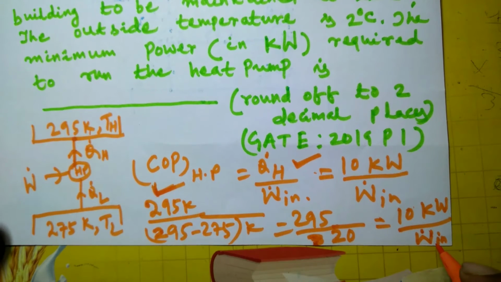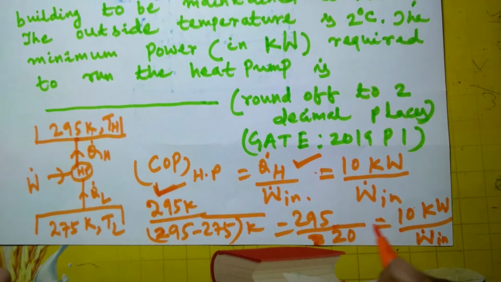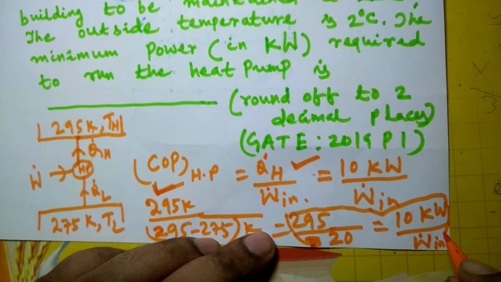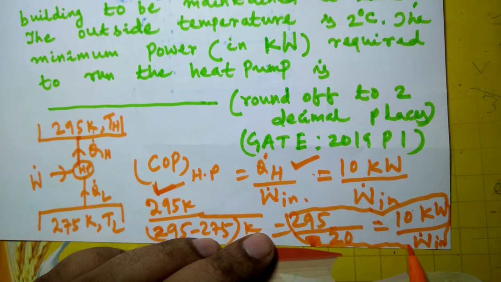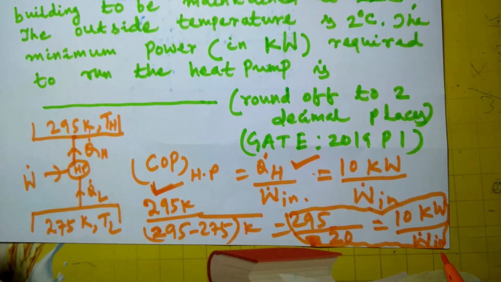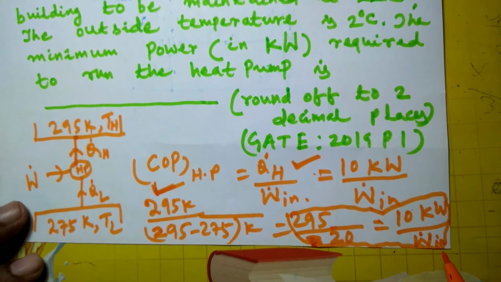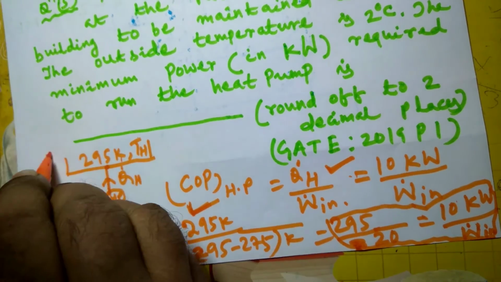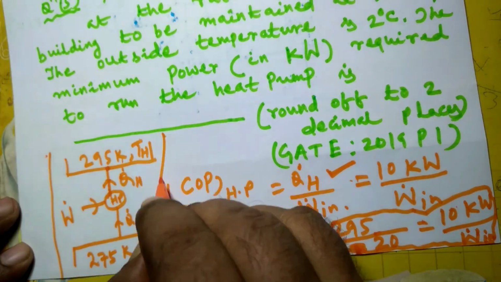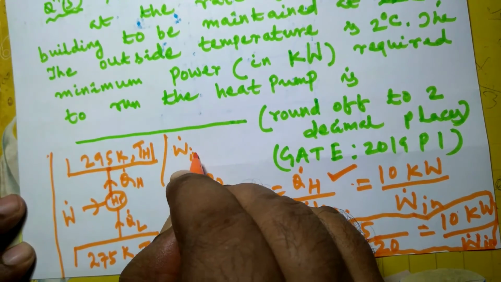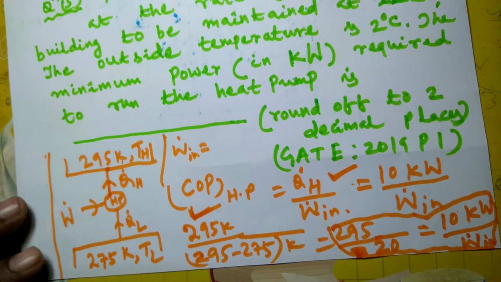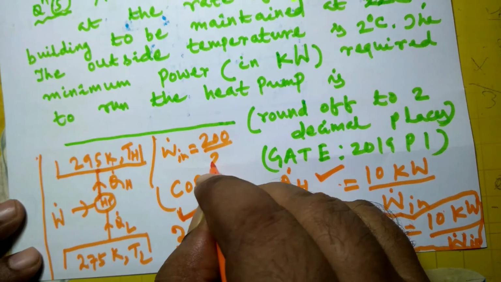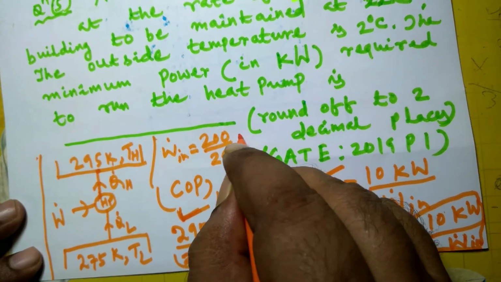This W dot is the minimum work required. By equating this, 295 by 20 is equal to 10 divided by W dot in, that is, I can say W dot in is equal to 200 divided by 295 kilowatt.